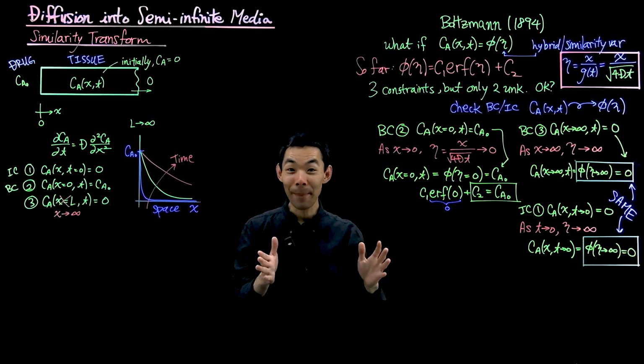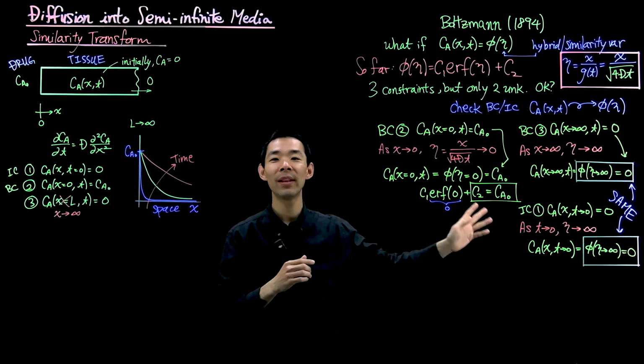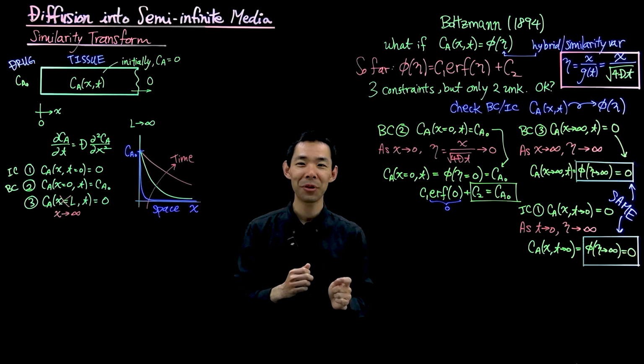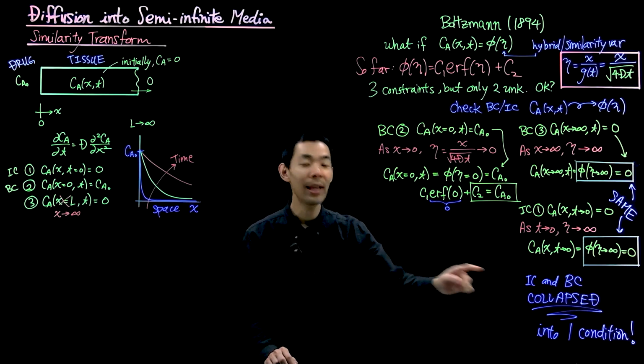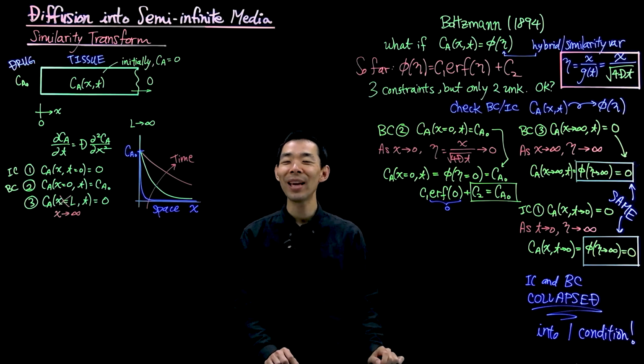So we've collapsed an initial condition and the boundary condition infinitely far away. This is what's called a collapse of the initial condition and boundary condition. So the initial condition and the boundary condition at x equal to infinity collapsed into a single condition or constraint.